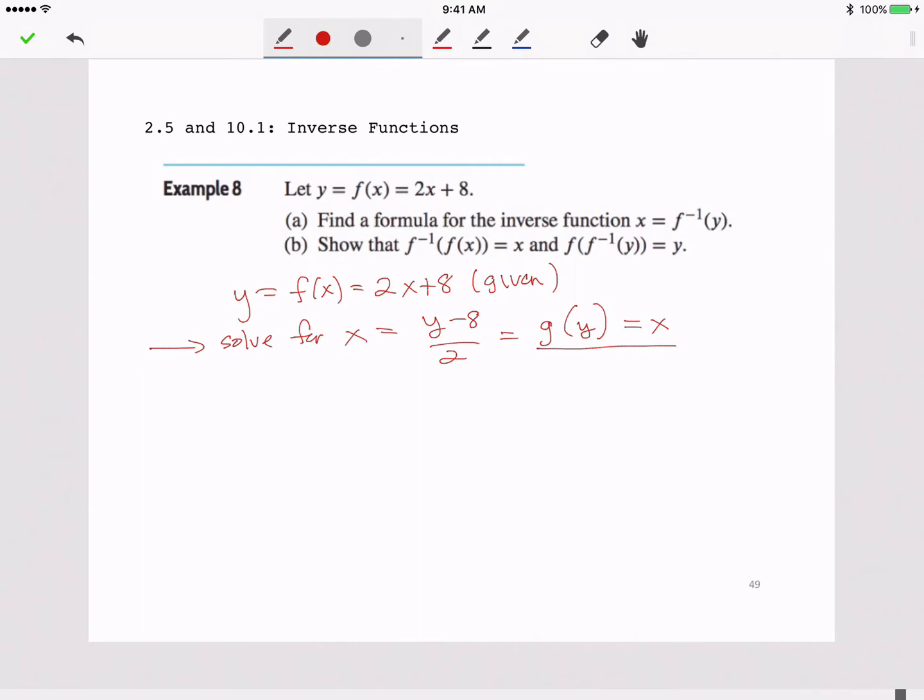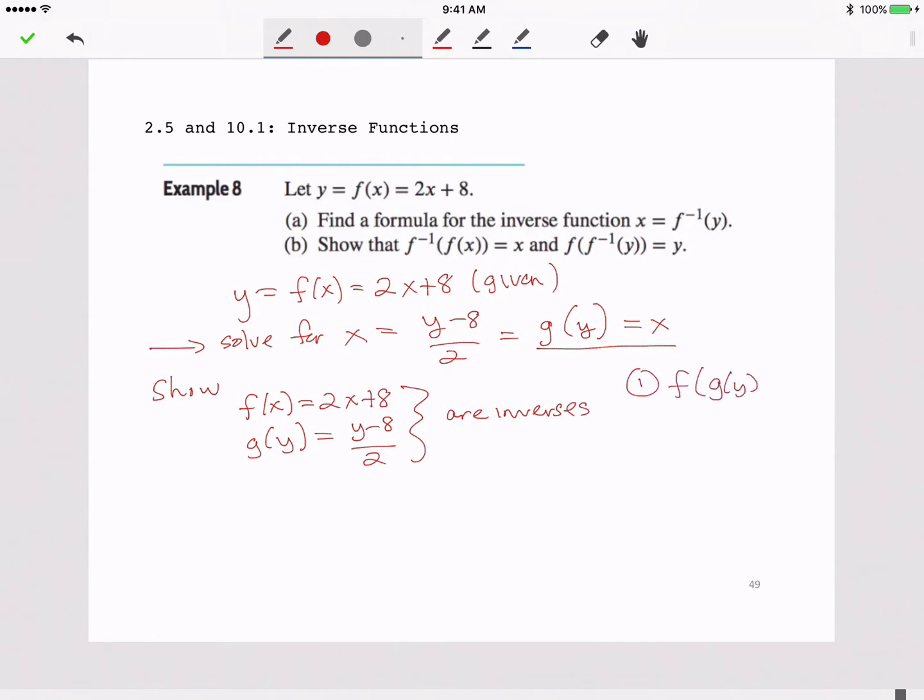Let's show that f of x equal to 2x plus 8 and the function g of y, which is y minus 8 over 2, are inverses. The first thing that you need to show is that f composed with g of y is in fact equal to y.